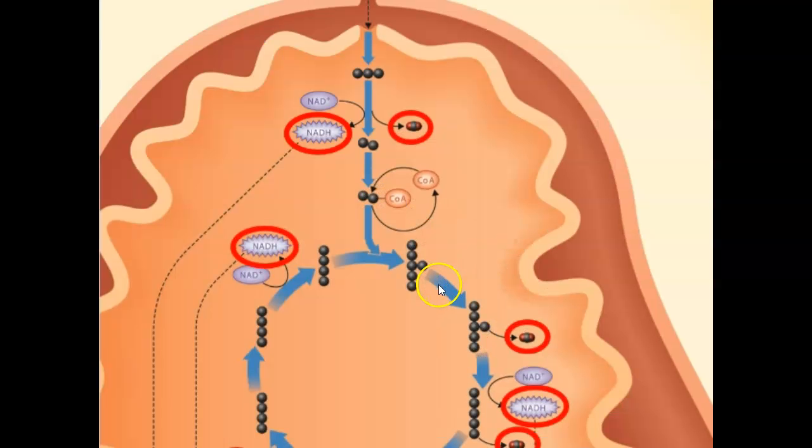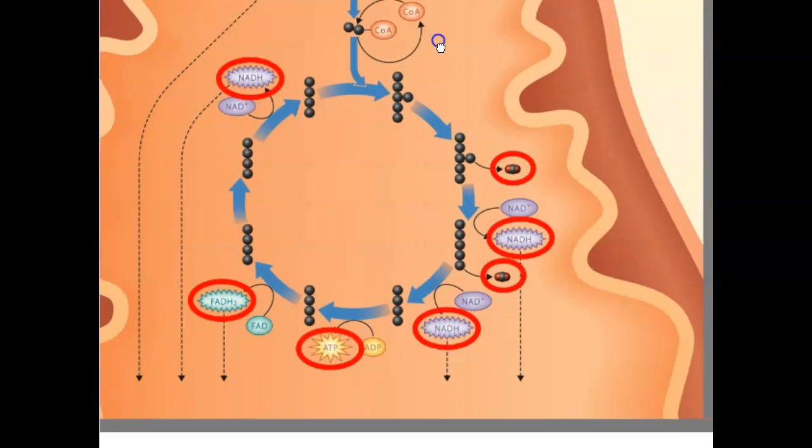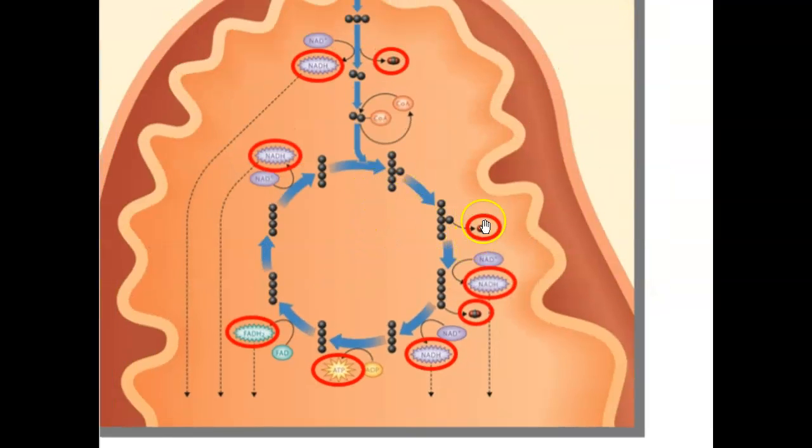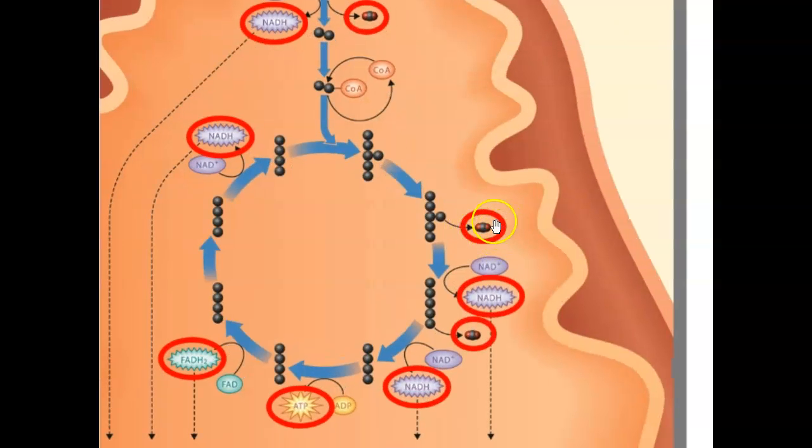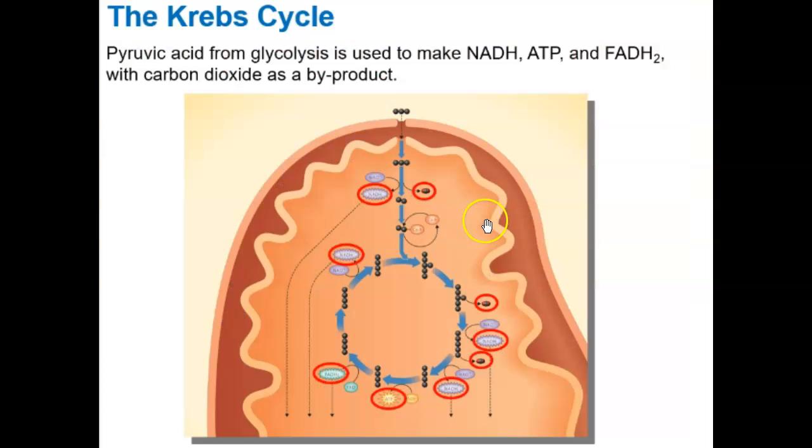Let me zoom in a little bit here so you can see NADH, NADH, ATP. Here's that FADH2, and then carbon dioxide coming off is right here, and right there. So the CO2 here is represented by the single carbon molecule with the 2 oxygens bound to it.